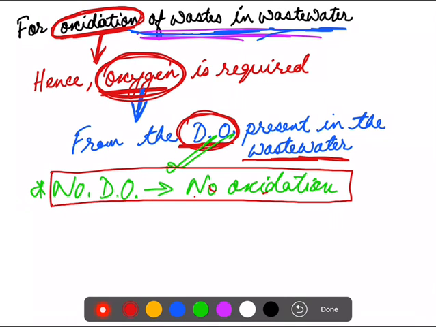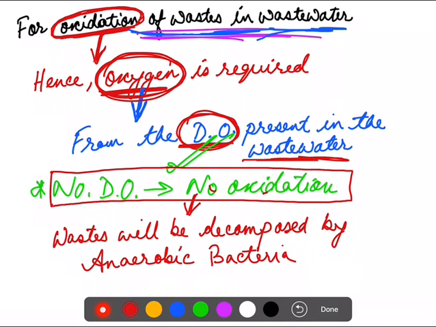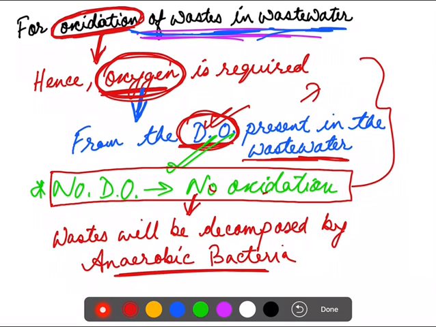In this case, waste will be decomposed by anaerobic bacteria. Your anaerobic bacteria will come into play. But if it has dissolved oxygen, then your aerobic bacteria will come into play.